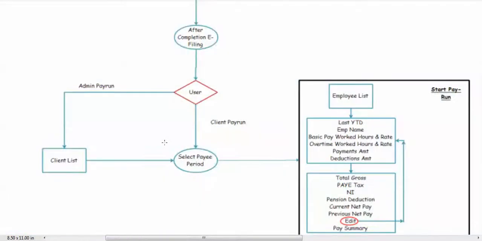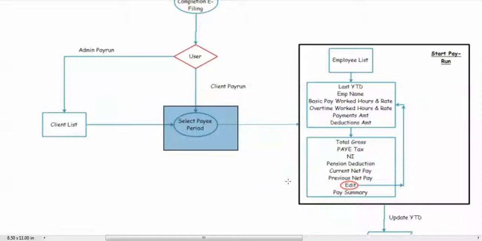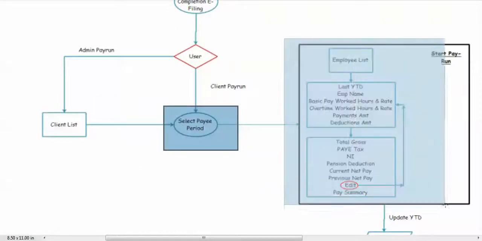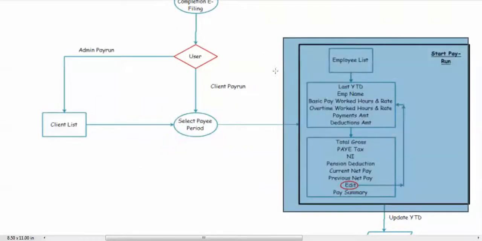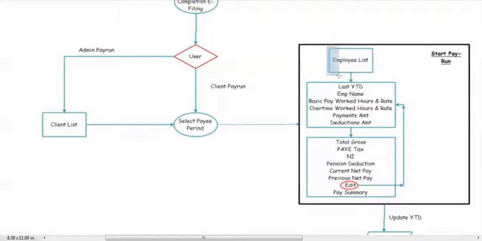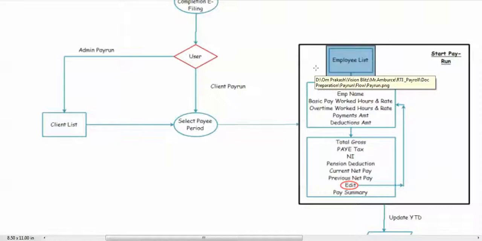Once the pay period has been selected, the pay process is going to start here from the list of employees. So we are going to select employees from the list of employees.